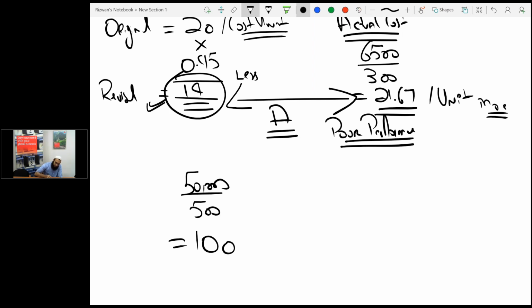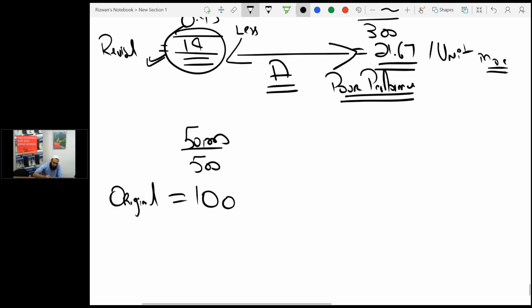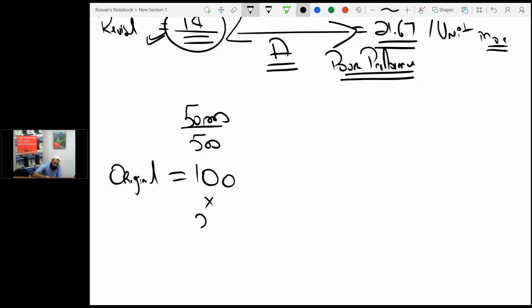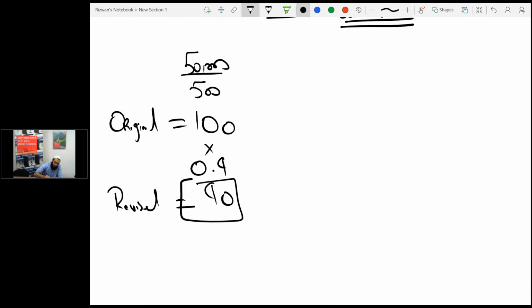So this is the original standard. Now it says the price is reduced by 10%. Okay, so let's make it revised. Take 90% of that. So this is 90. So this is now the revised standard.